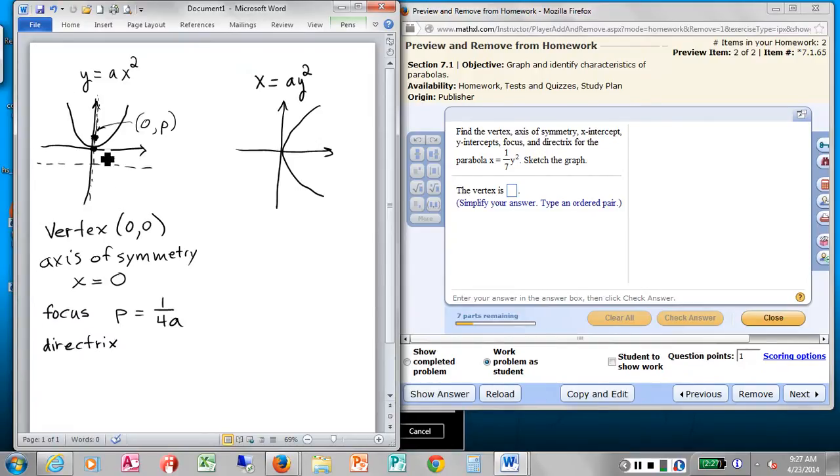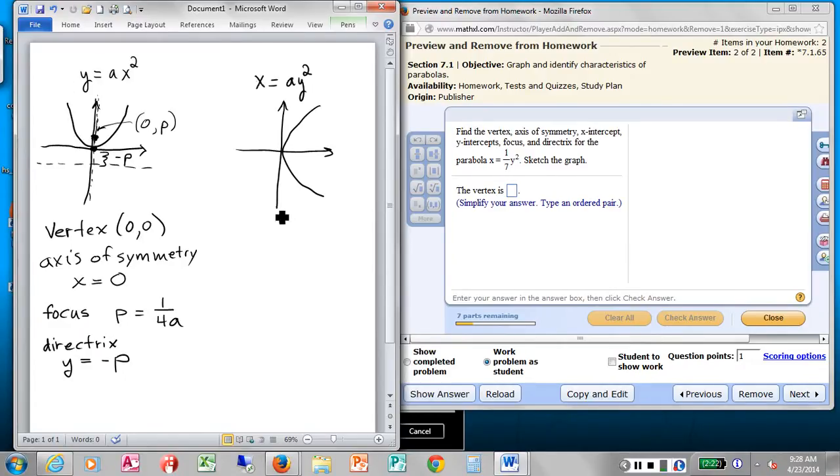It turns out the distance from the vertex down to the line is negative p. It's the opposite of whatever you find p to be. In this case we've got a horizontal line, which is always y equals something, and it's down p, minus p, units. So that's what is known as the directrix.